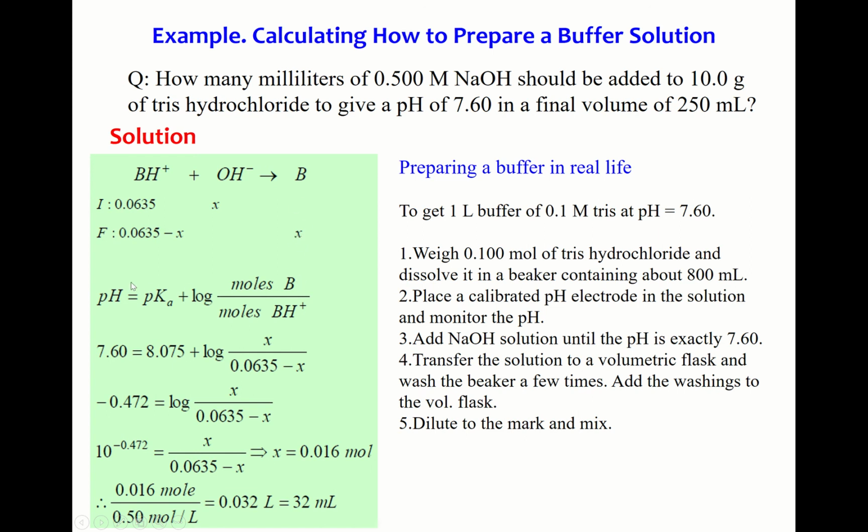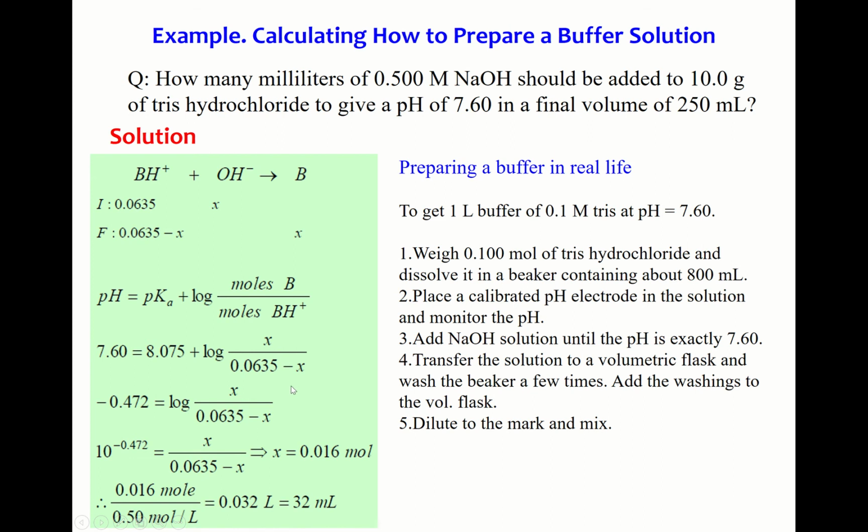Then apply this Henderson-Hasselbalch equation. Your target pH of 7.6 equals the pKa for tris hydrochloride plus the log, where this one goes to the denominator and this one goes to the numerator.